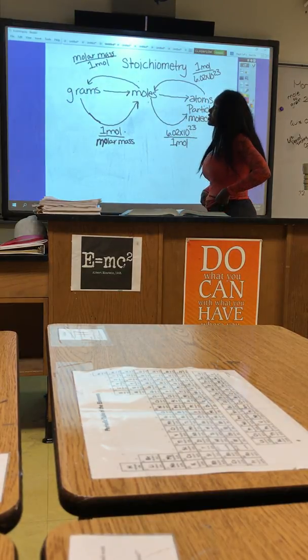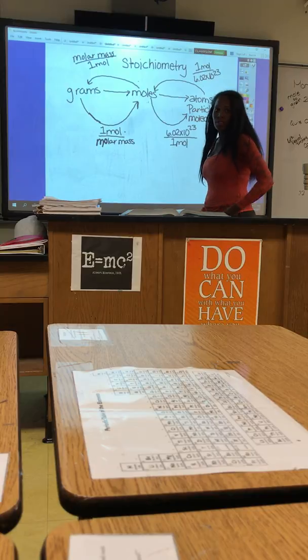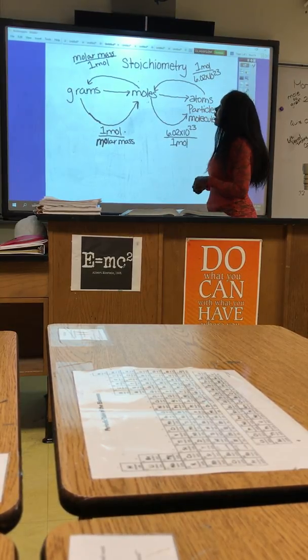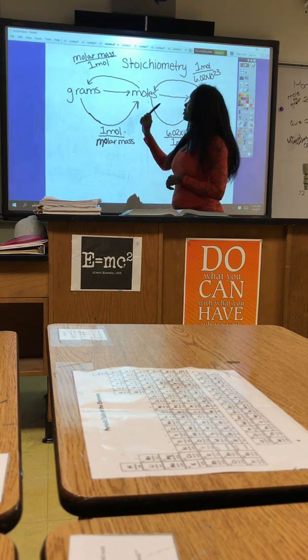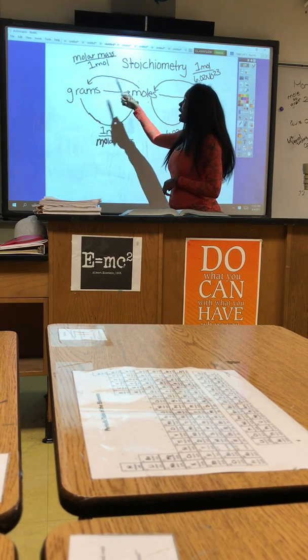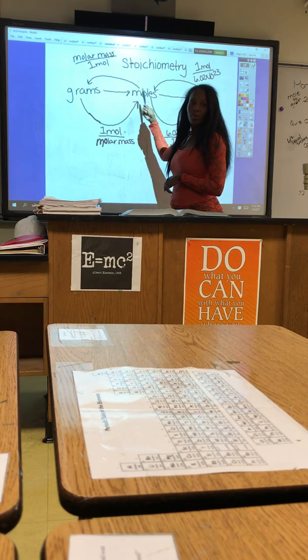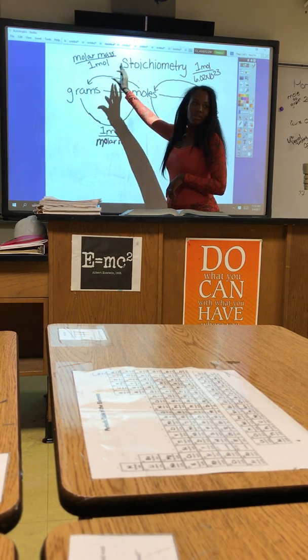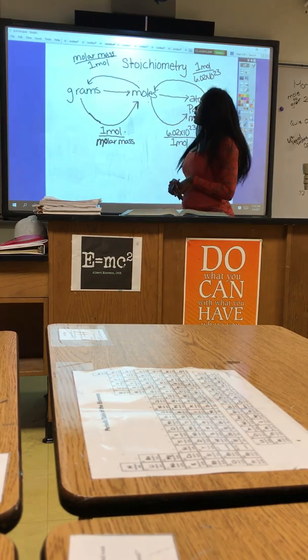So now what we're going to do today is just focus on the first half. The first half is going to be just pretty much going from grams to moles and then moles to grams. I like to say that this part is relatively easy.